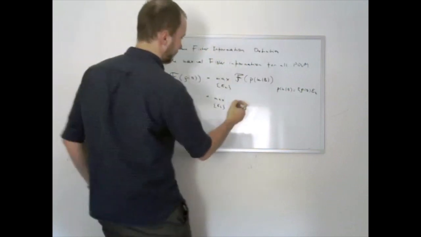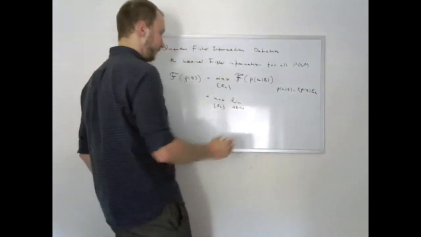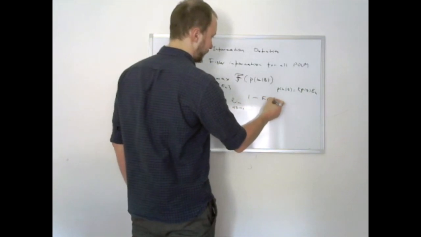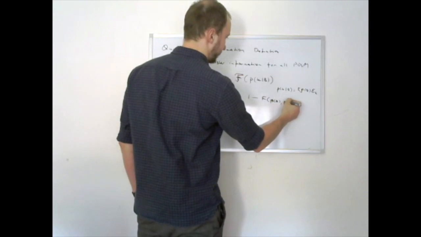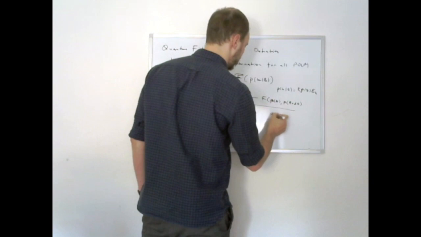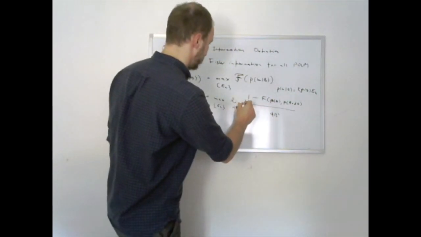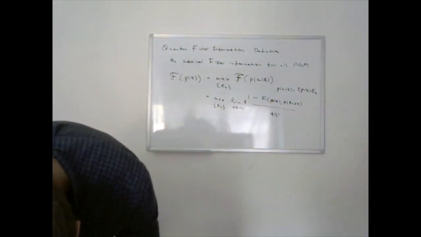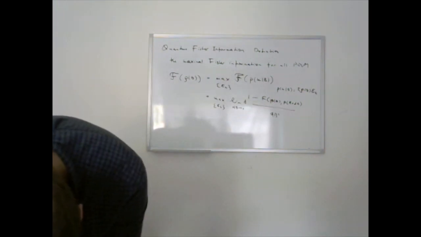So this was defined by the limit when the parameter is small, so db goes to 0, of an expression like this: 1 minus F of p of k given b and b plus db, divided by db squared. There was probably a factor of 8 or something like this. Okay, there was some factor here. I don't remember. Let me check the notes. Yes, precisely. There's a factor of 8.